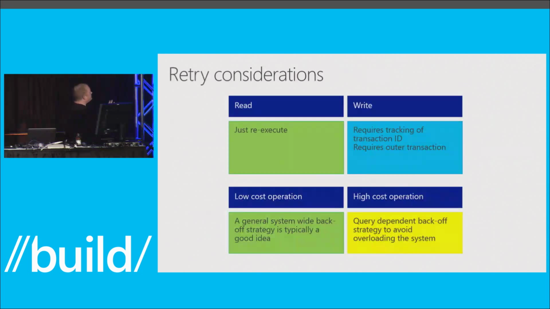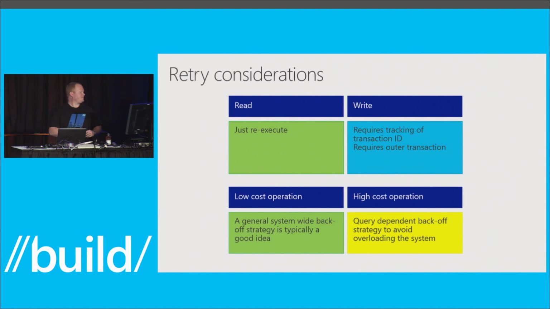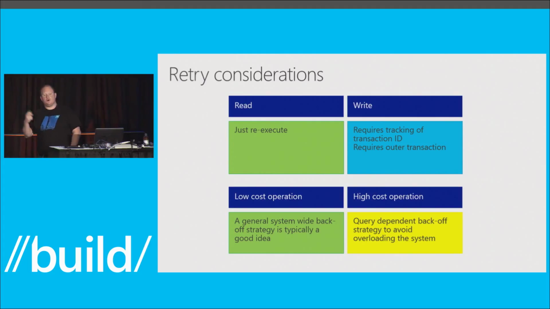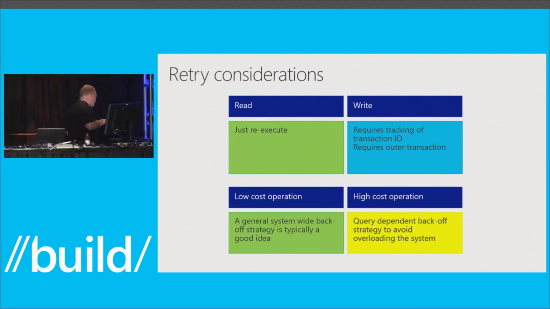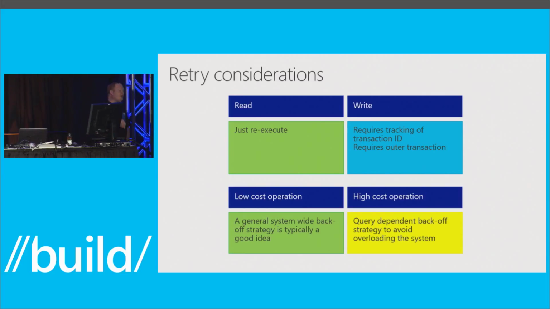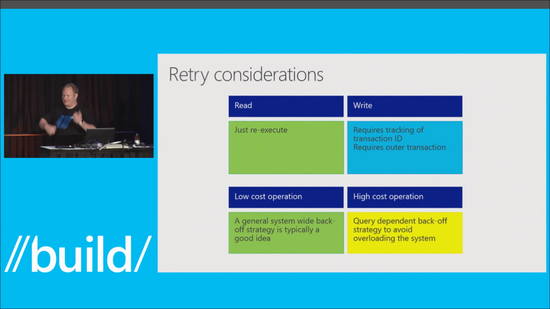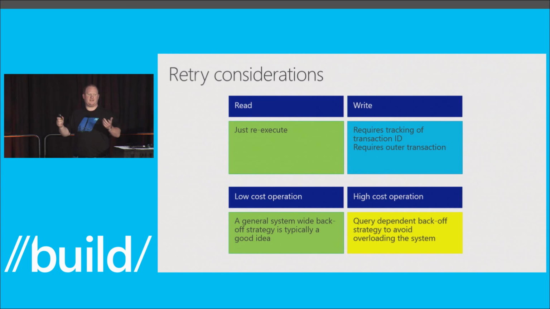So what you should think about with regards to these retries is, with reads, you can just re-execute, right? With writes, you go and use this protocol. And then you should also keep in mind if the operation is low or high cost, right? Low cost is something that comes back in a couple of milliseconds, or a second or whatever.